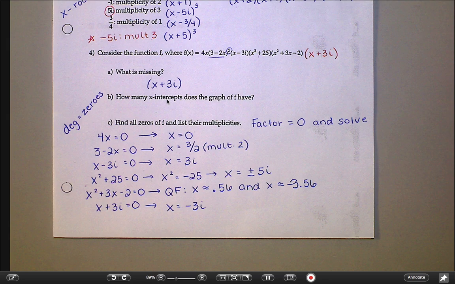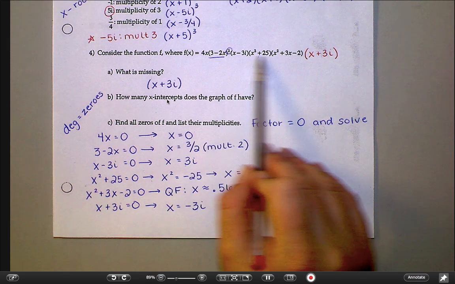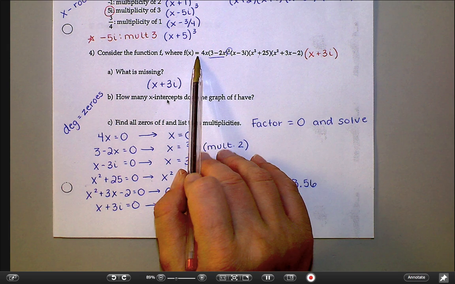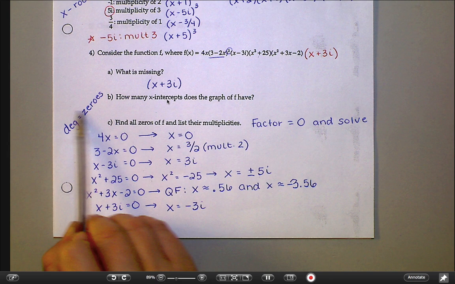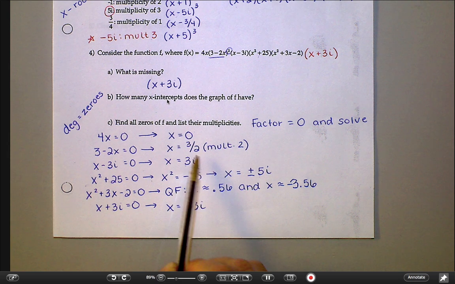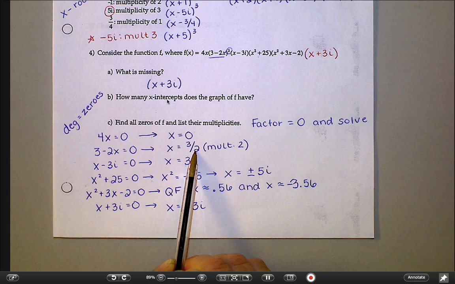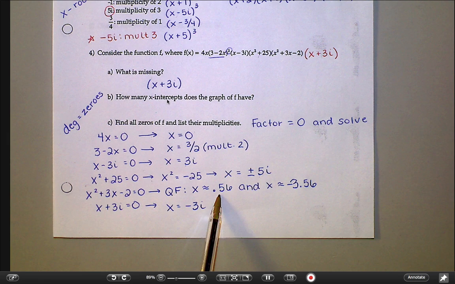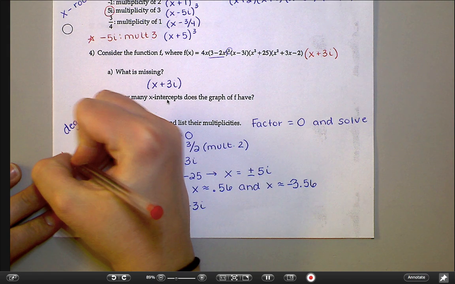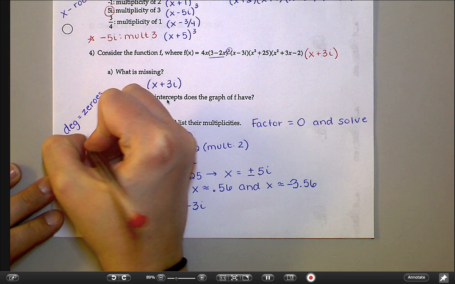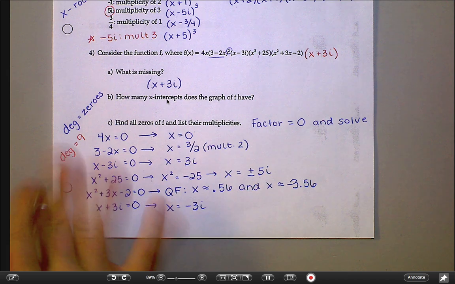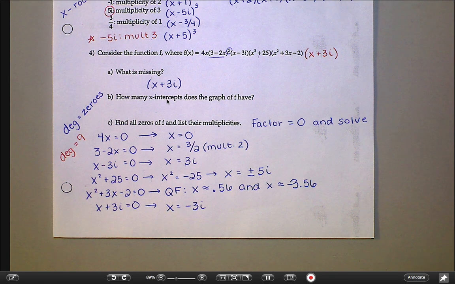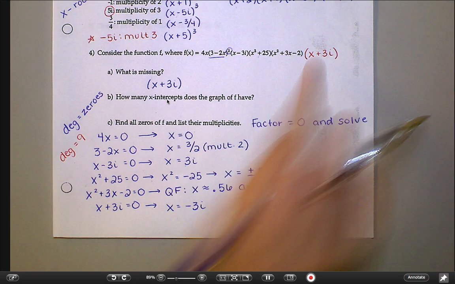If I was asked what's the degree of this thing, I certainly don't want to try to multiply this all out. But I can count zeros. So I have 1, 2, 3, because that has a multiplicity of 2, 4, 5, 6, 7, 8, 9. So that tells me that my degree on this polynomial would be 9. That question didn't actually come up here, but I know that it's going to come up on your quiz. And I've seen some people try to multiply this out and it's miserable.